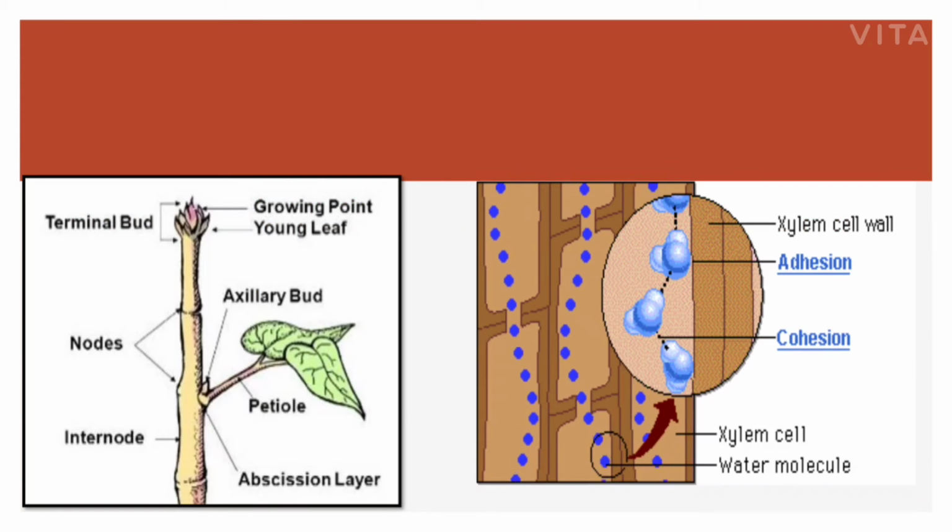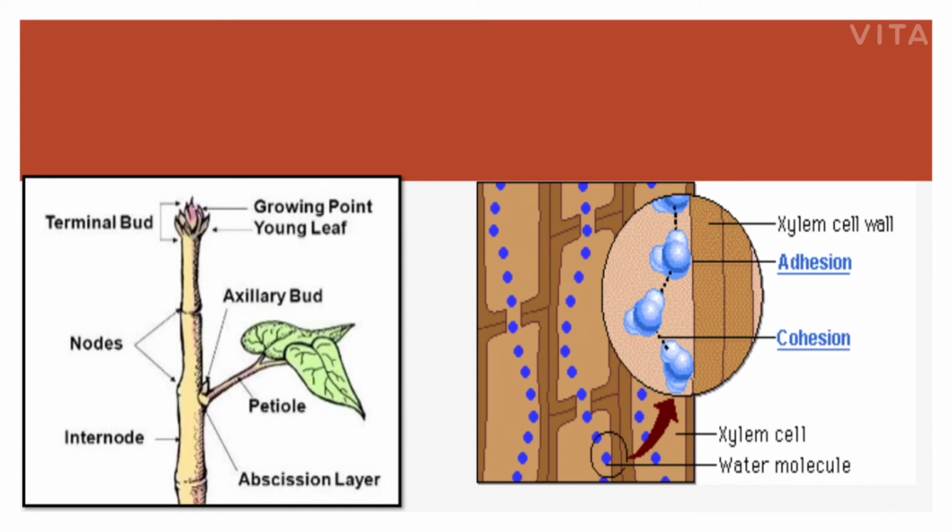We see here two different figures. The first figure indicates the different parts of the stem. Terminal bud. Terminal means at the tip of the stem. There are growing points we observe. Small leaves are there, called young leaves. Nodes are present on the stem.